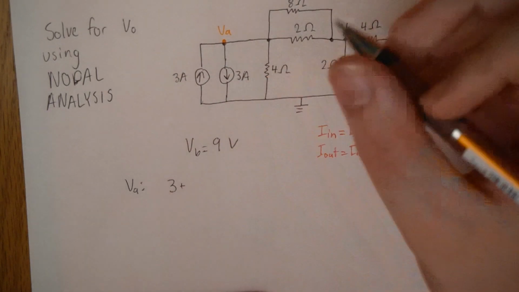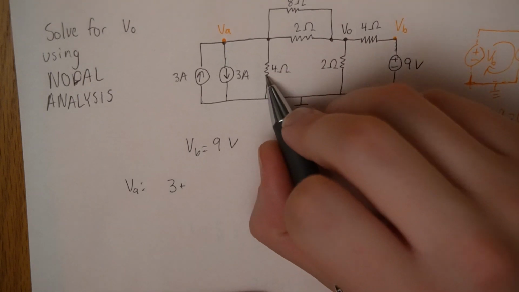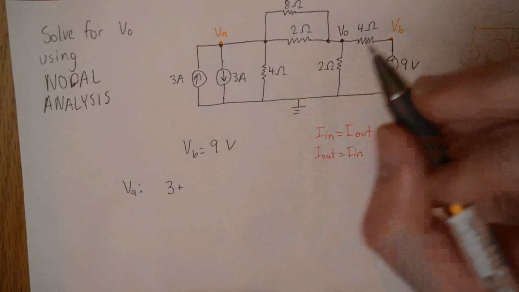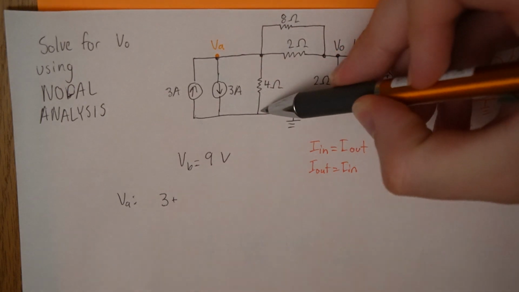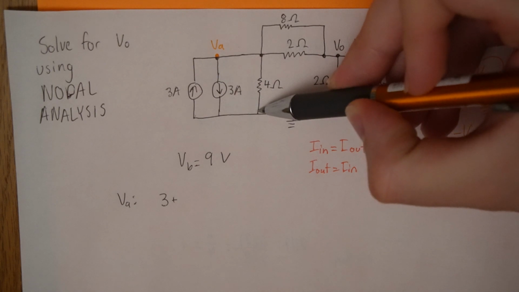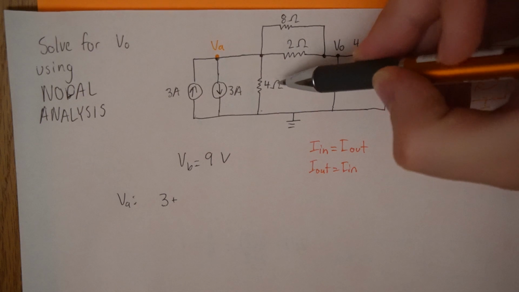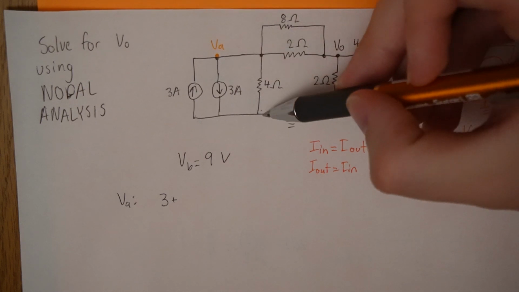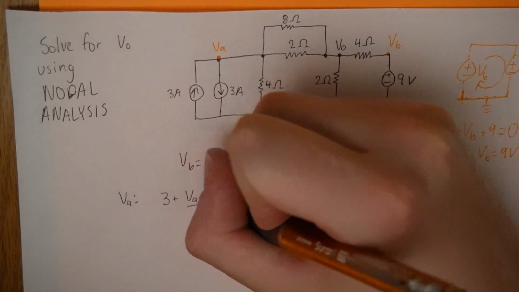So 3 plus, what is the current leaving through? Let's start with the 4 ohm resistor. Well, I have a voltage on one side and 0 volts on the other, so I have a voltage drop of VA minus 0. Now if I want to convert a voltage to current, I'll divide it by the resistance. So I'll put VA minus 0 over 4.